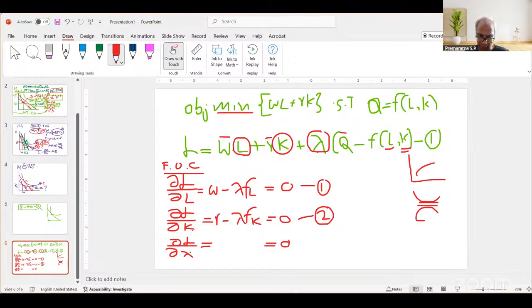And the third equation with respect to lambda, you get Q minus F(L, K). Now you can see the three equations in the first order condition.